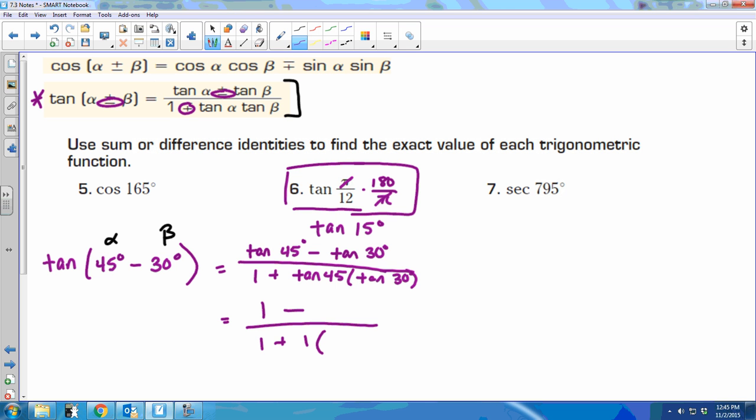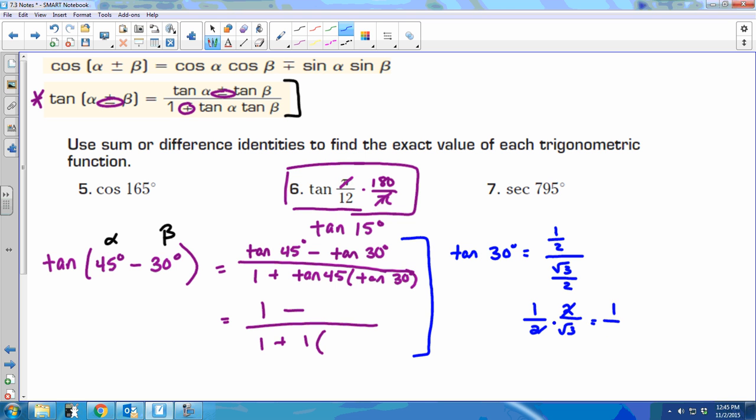Tangent of 30, not so simple. So sidebar, you can write it down or not. But you do sine divided by cosine. So you have 1/2 divided by the square root of 3 over 2. So you'll need to multiply by the reciprocal. And then rationalize.